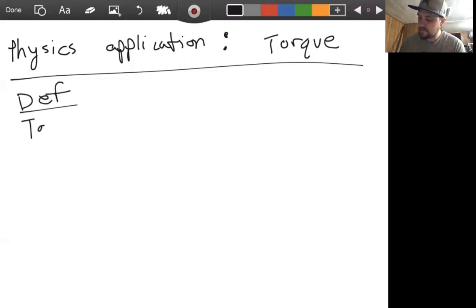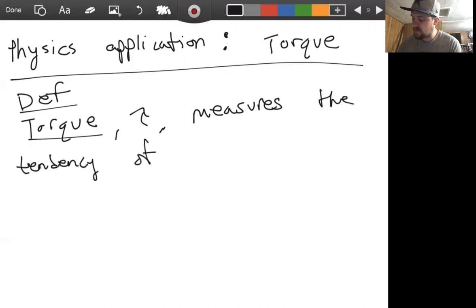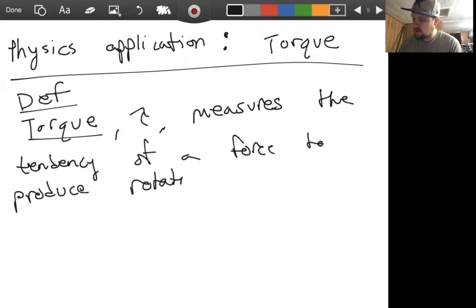Torque, we'll denote it by the Greek letter tau, measures the tendency of a force to produce rotation about an axis of rotation.